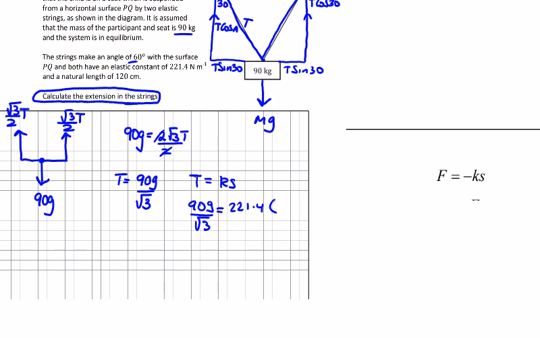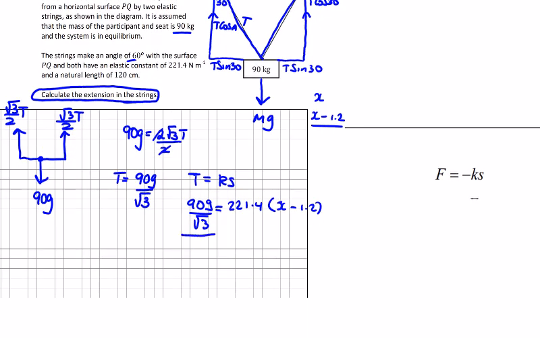We could get just x and then have the 1.2 involved, so we can do that. Might just be a little bit easier. So what we look at is x, the original length of the string, x minus 1.2 is the extended length, so we'll use the x minus 1.2.